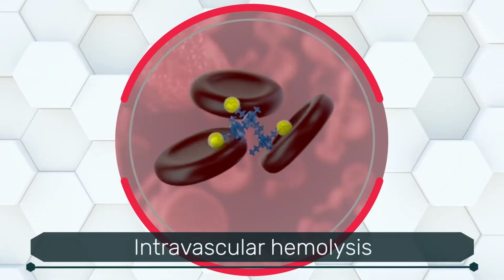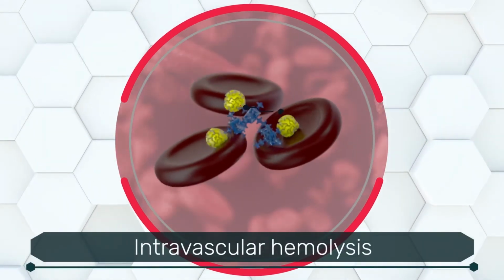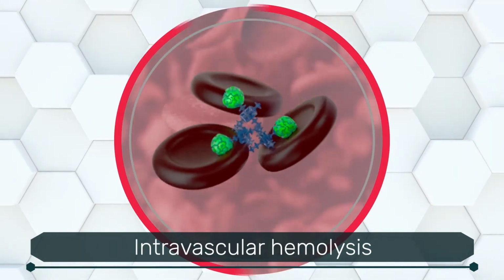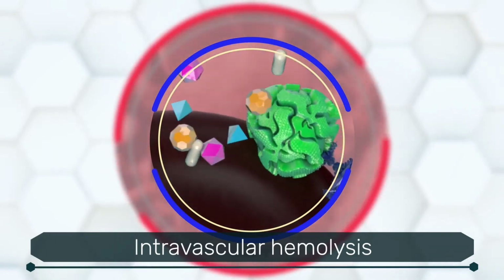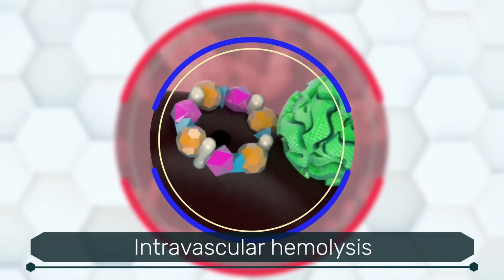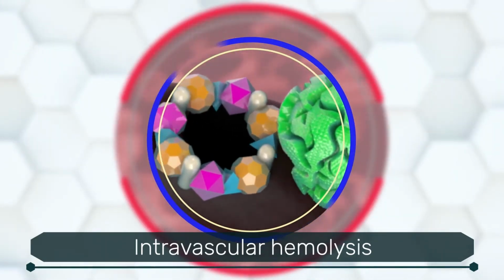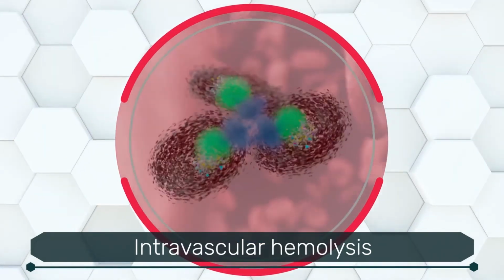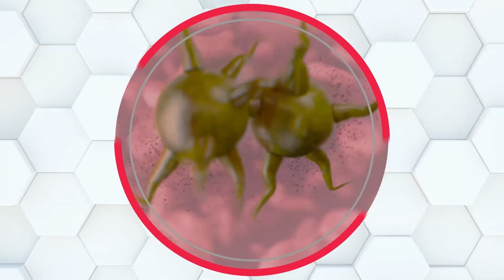The second way is that C3b can also trigger terminal activation of the complement pathway through C5b, which directs its membrane attack complex against the marked cell, resulting in intravascular hemolysis and premature destruction of red blood cells in the circulation. Whichever path is taken, the complement system can destroy red blood cells as thoroughly as if they were bacterial invaders.